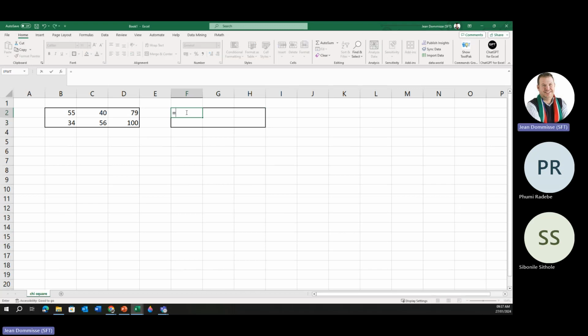So it would have been that total times that total divided by that. I will fill in the totals now.